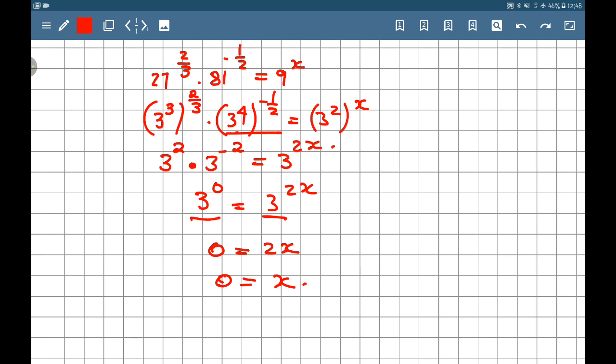So you cannot have 9 to the power x. Before you apply any rule, you need to make sure that the composite bases are on their prime bases. And once you get that, you are fine.